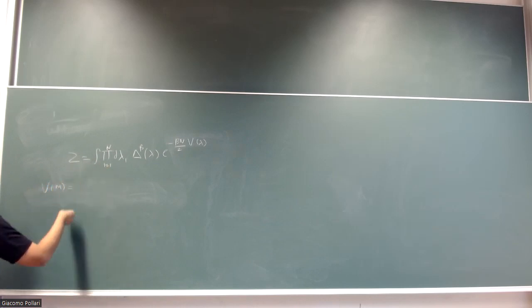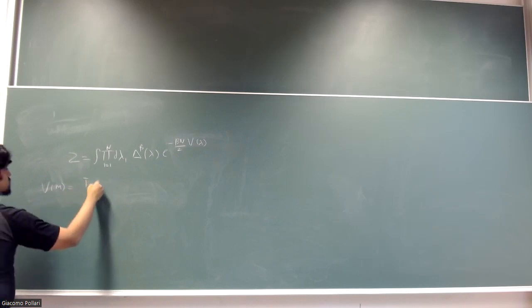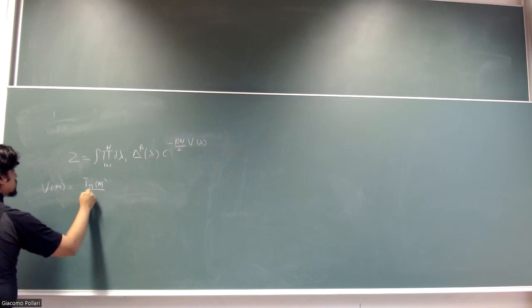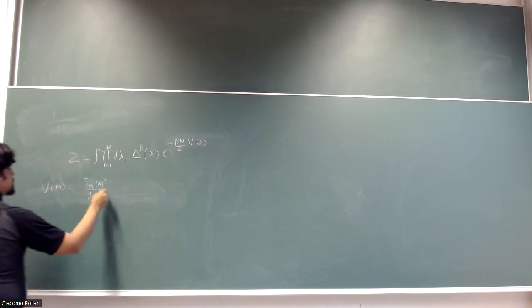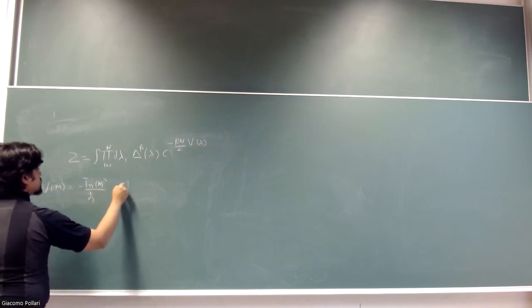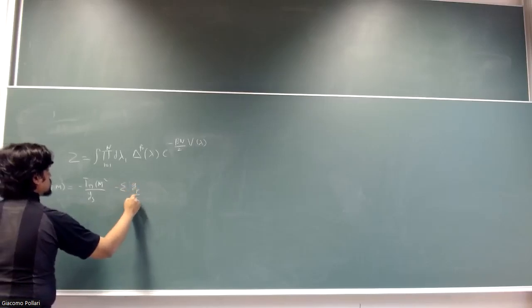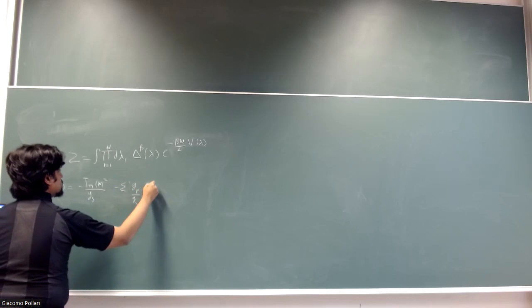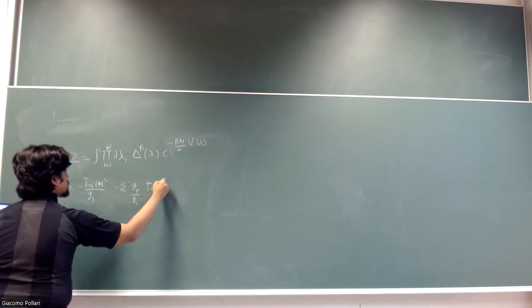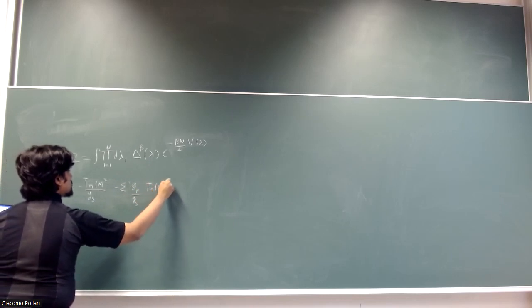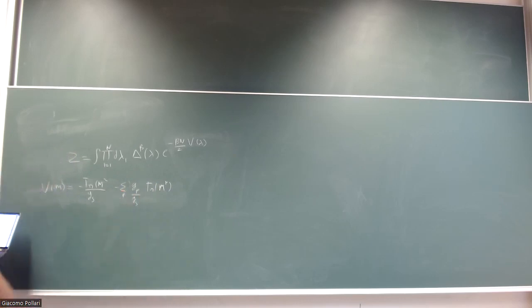We'll have a similar definition for lambda, of course, but V of n will be this kind of potential we did there. So it's not Gaussian anymore.